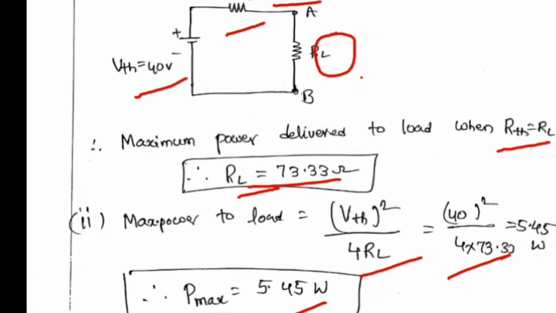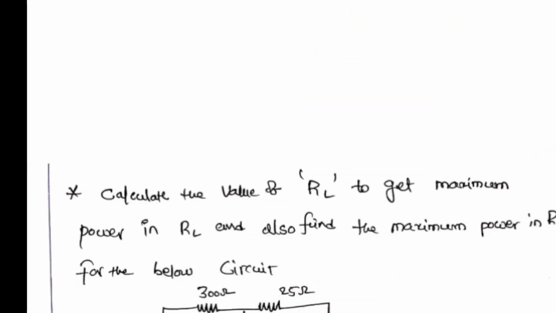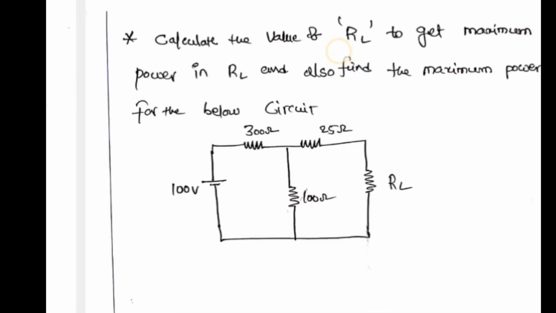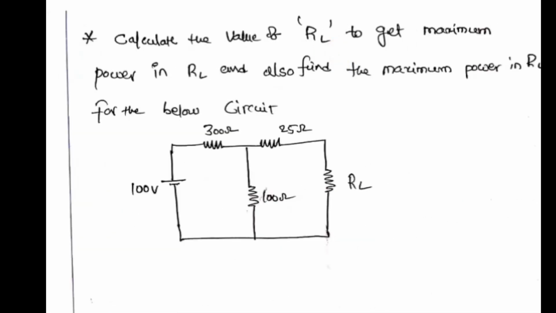Solve one numerical problem and comment in the comment box if you solve it. Then you will get a clear idea. The numerical problem is to calculate the value of RL to get maximum power for the circuit below, and also the maximum power.